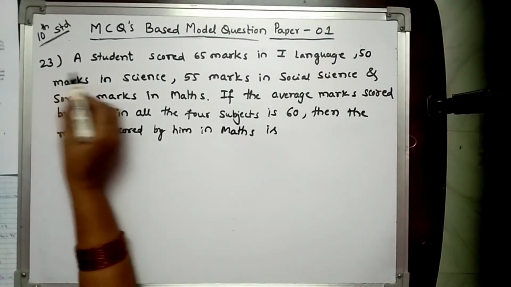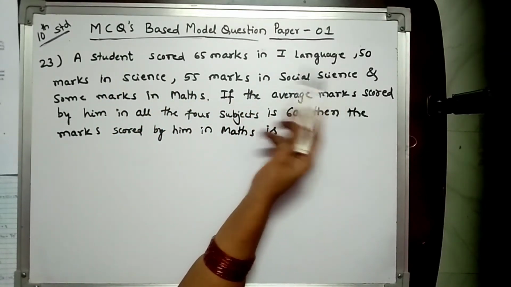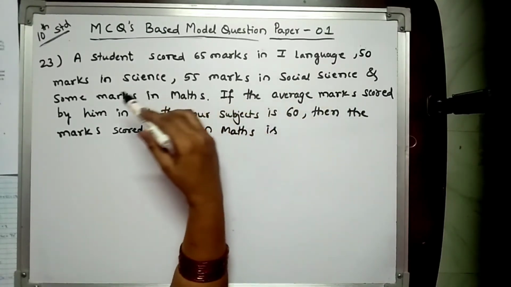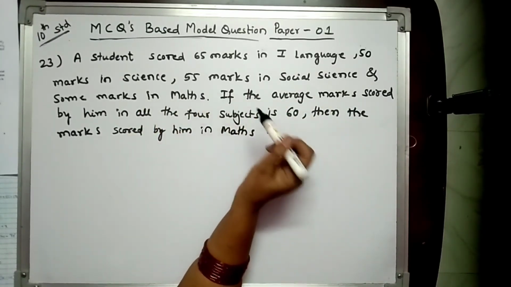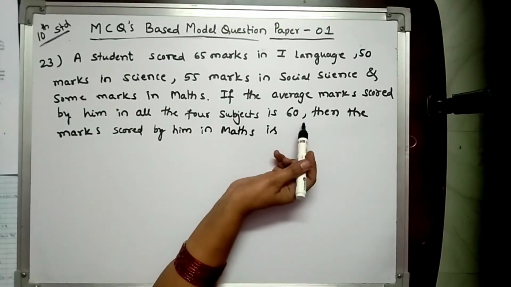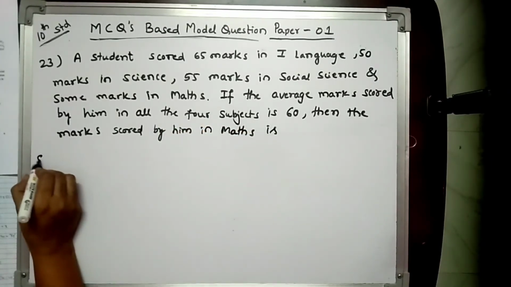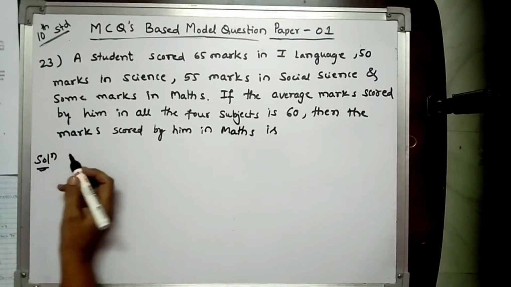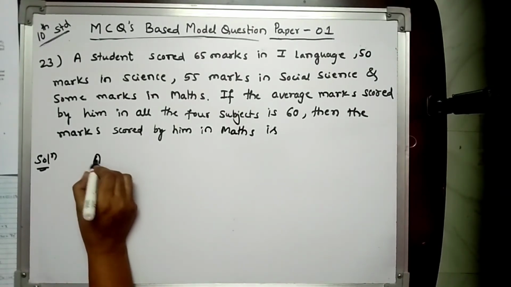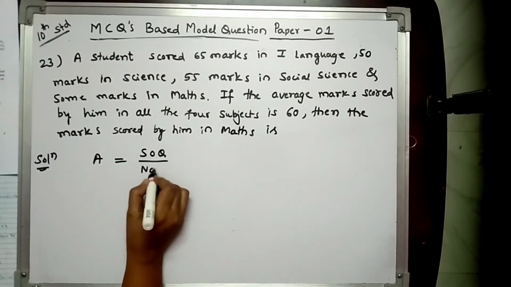Question number 23. A student scored 65 marks in first language, 50 marks in science, 55 marks in social science and some marks in mathematics. If the average marks scored by him in all the 4 subjects is 60, then the marks scored by him. So average they asked, sum of marks in 4 subjects. Average is equal to sum of quantities divided by number of quantities.